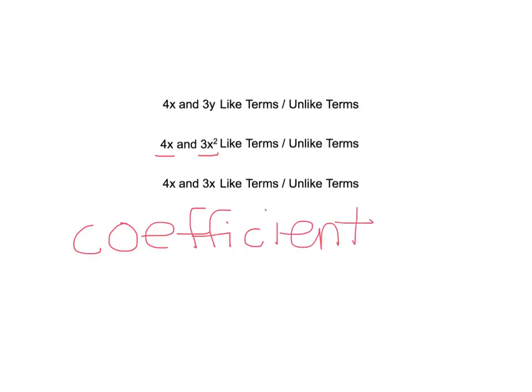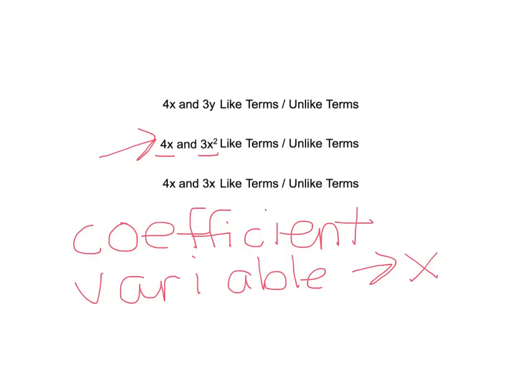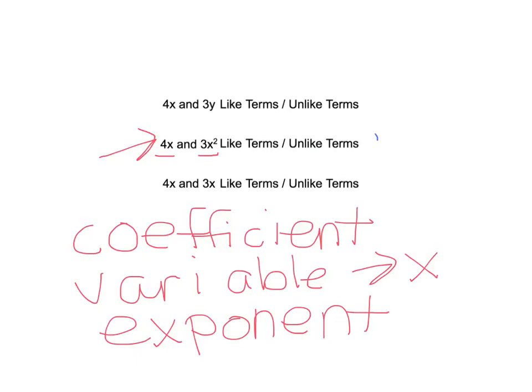They both have a variable, and that variable is the same. It's x for both of them. But the 4x does not have an exponent. So because the 3x squared has an exponent, these are unlike terms.